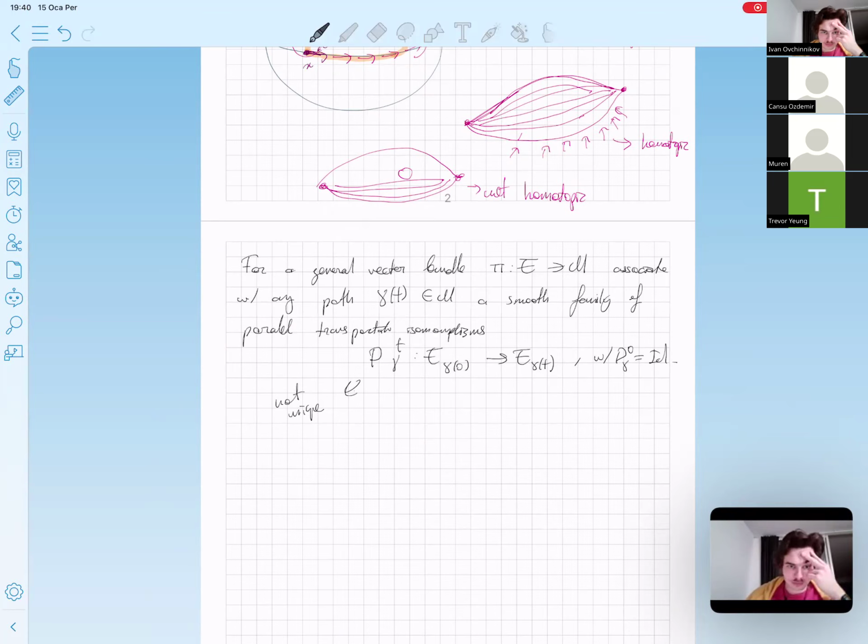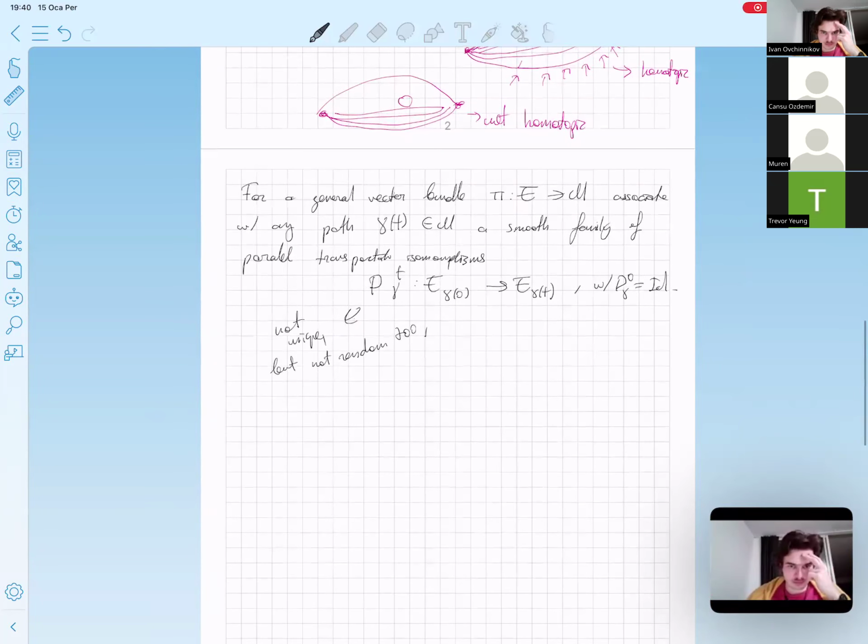But we also know that these are not arbitrary, not random too. So let's try to understand what their types are. What can they be? We know that they depend on the path up to homotopy.